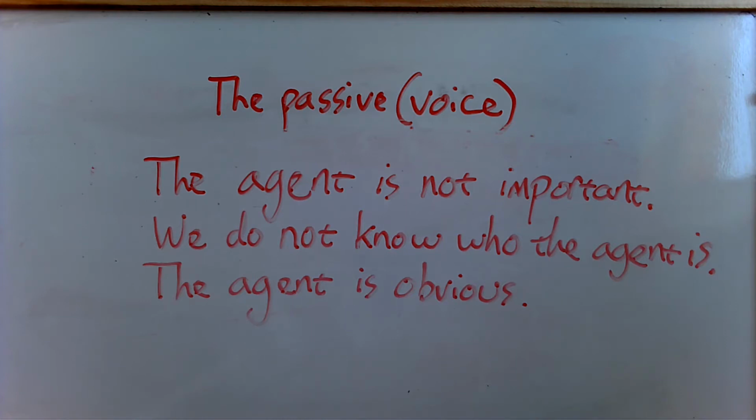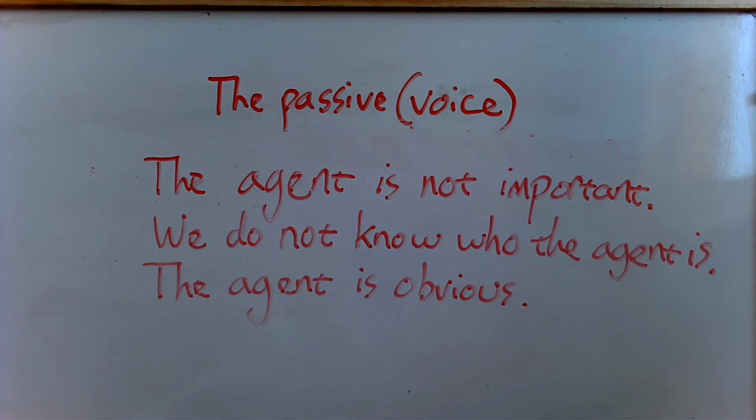If we want to repair the window and we care that the window is broken, and we're explaining to the person we phone up that we want our window to be repaired, then we say, the window has been broken, or my window has been broken.